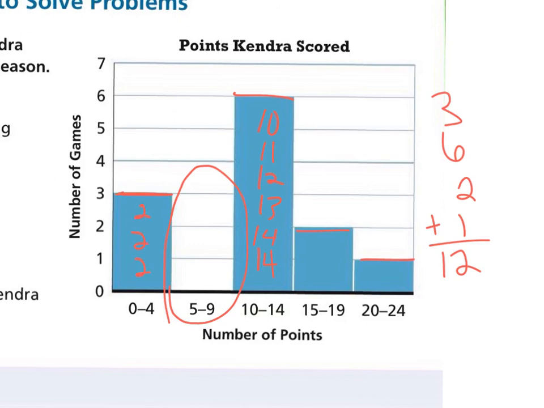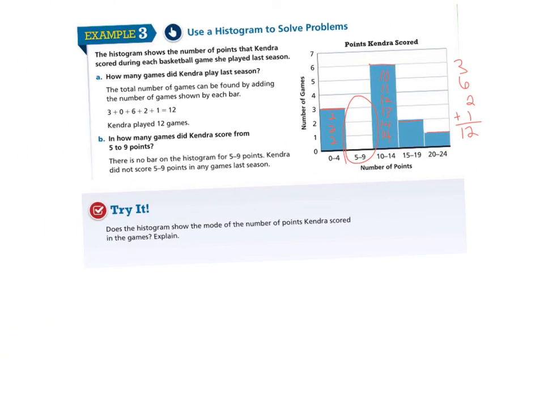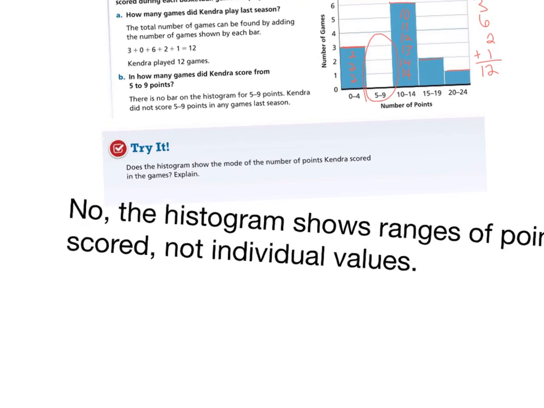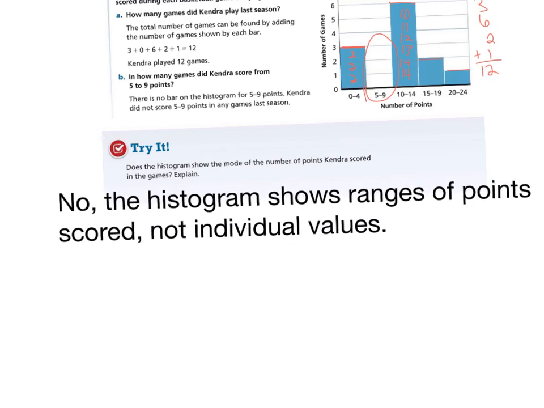So even though the bar is not as high, it doesn't even have to be in the 10 to 14 that the mode is. Okay, so the answer again is no. The histogram shows ranges of points scored, not individual values. So again, we cannot tell what the mode is for her points scored.